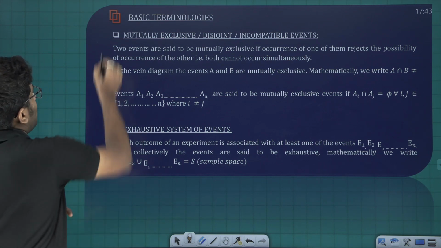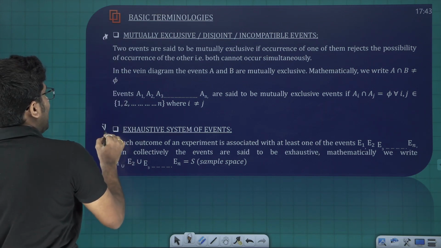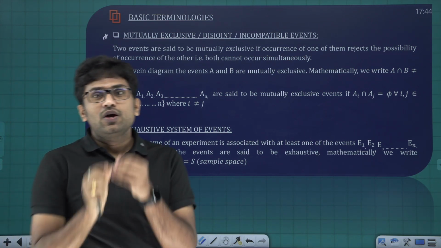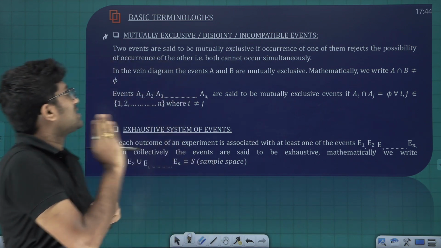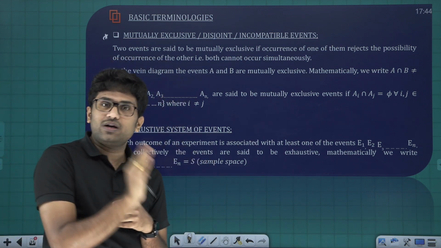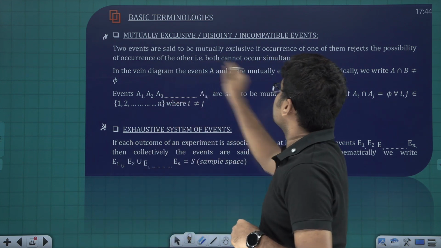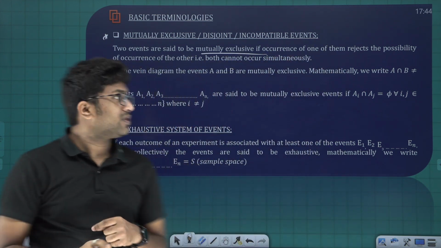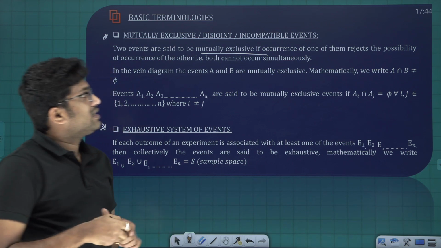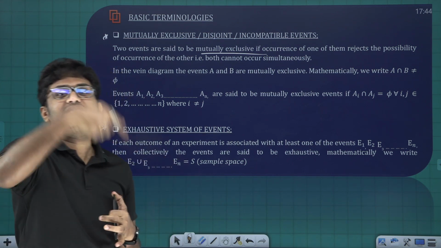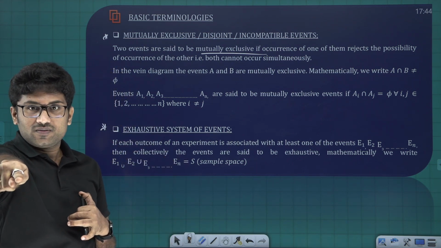Next, these two are very important: mutually exclusive and exhaustive system of events. Mutually exclusive events, or disjoint or incompatible events: two events are said to be mutually exclusive if and only if the occurrence of one rejects the occurrence of the other. Clear?